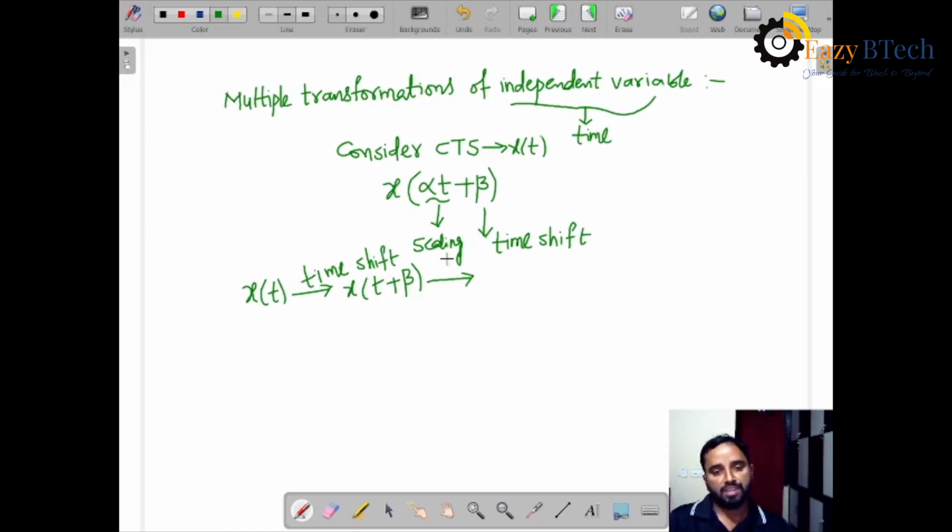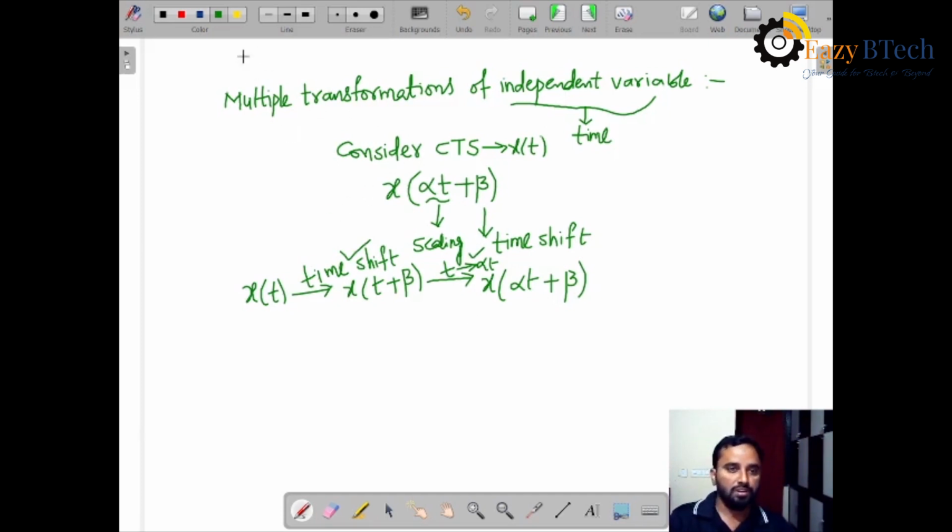That means wherever you have t, it is now alpha t. The t is replaced by alpha t, so the result is x of alpha t plus beta. So this is the order: first the time shifting operation, then the time scaling operation.